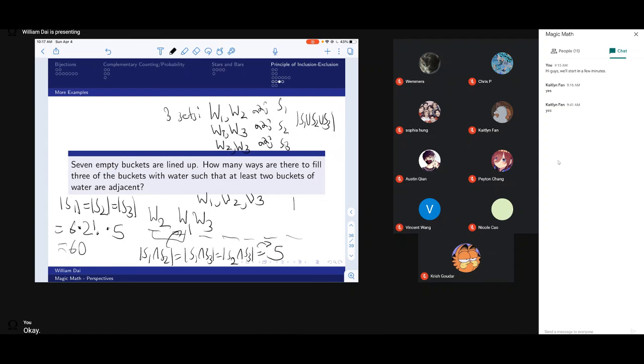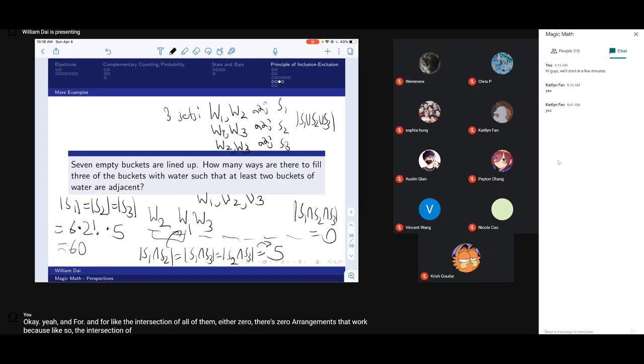And for the intersection of all of them, there's zero arrangements that work, because the intersection of all of them has to be some subset of the intersection of 2 of them, right?